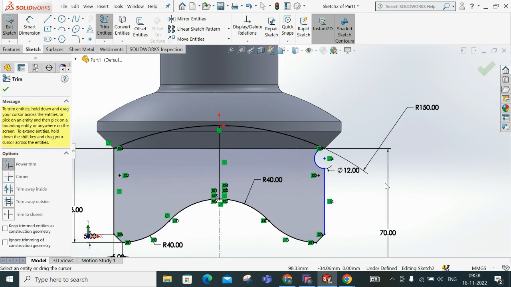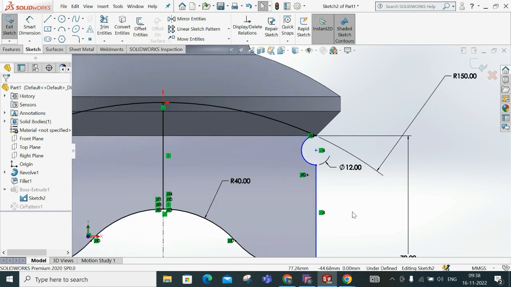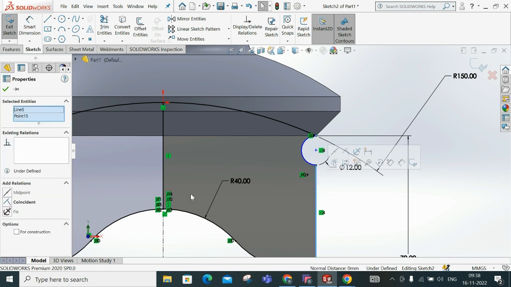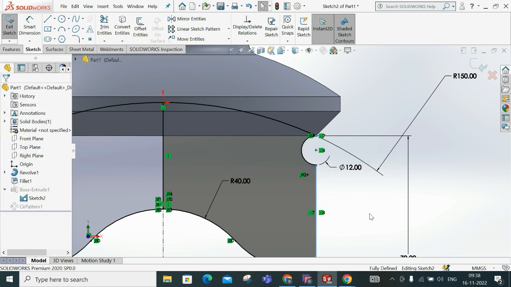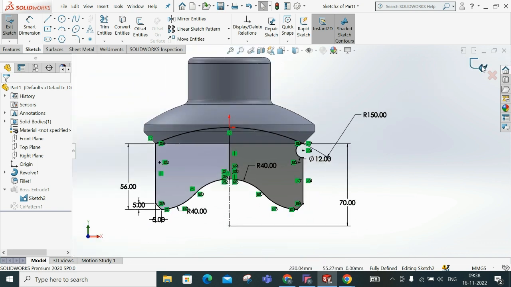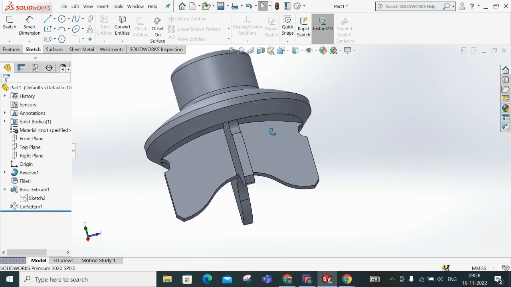And for some reason, it is no longer fully defined. Just select this thing and this thing and give a coincident relationship. That will get solved. Exit. Now that issue is also solved.